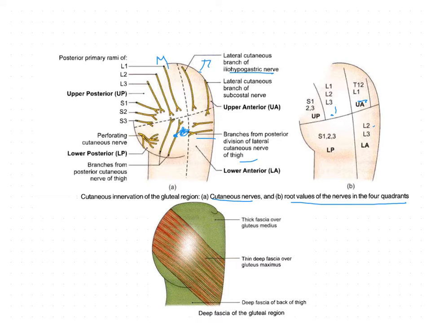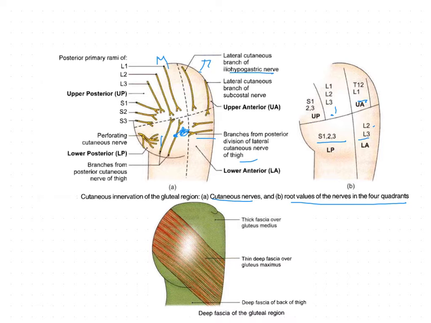These are L2 and L3. And the lower and posterior part is supplied by branches from the posterior cutaneous nerve of the thigh and the perforating cutaneous nerve. The root values are S1, S2 and S3.